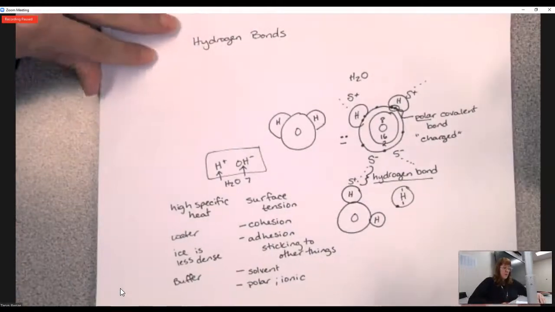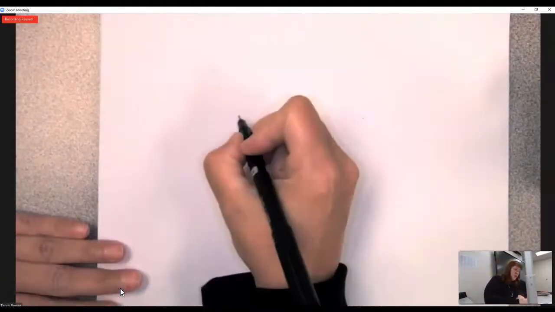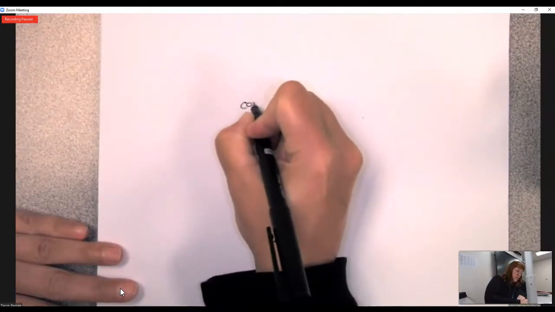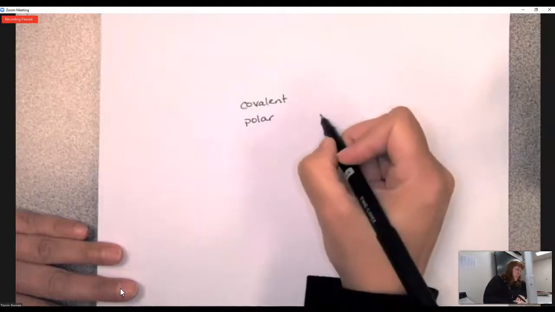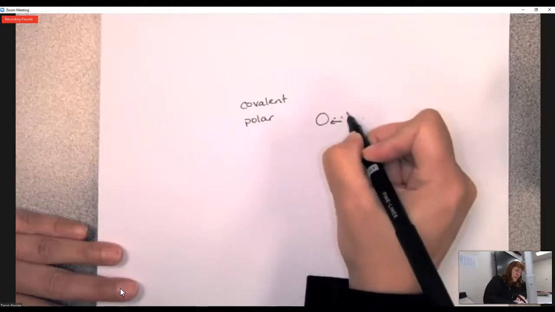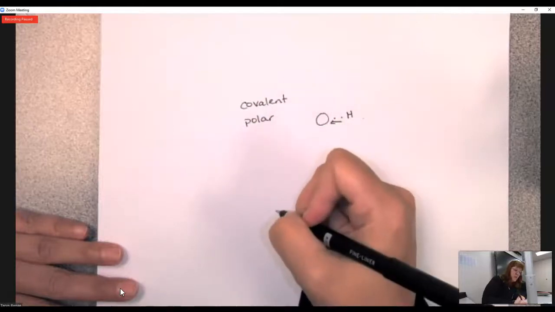We kind of covered covalent bonds in there. Covalent bonds can be polar or non-polar. The polar ones are what we just used in our example. Oxygen was unequally sharing those electrons with the hydrogen, so it was pulling them closer to itself.